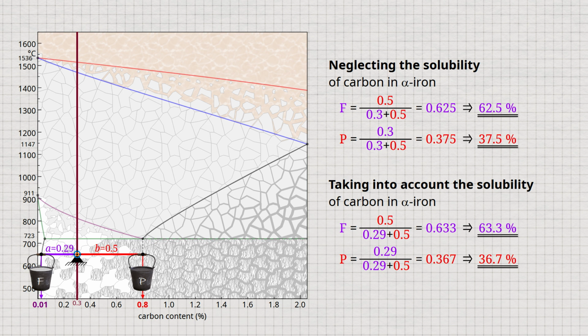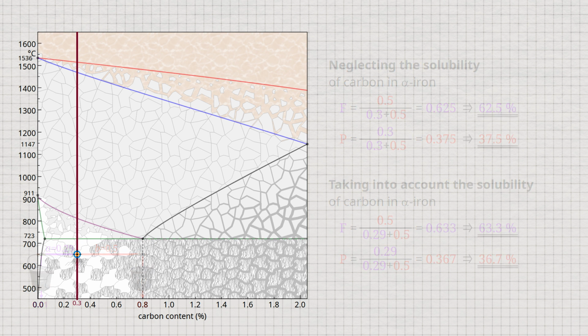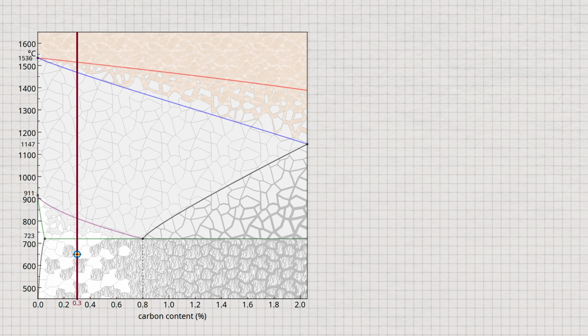The procedure for determining the phase fractions is basically the same as for determining the microstructure proportions. However, it should be noted that the lever arms must then be drawn up to the respective ferrite and cementite phase boundaries and not up to the microstructure boundaries. Again, neglecting the solubility of carbon in alpha iron, the ferrite phase is at 0% carbon.